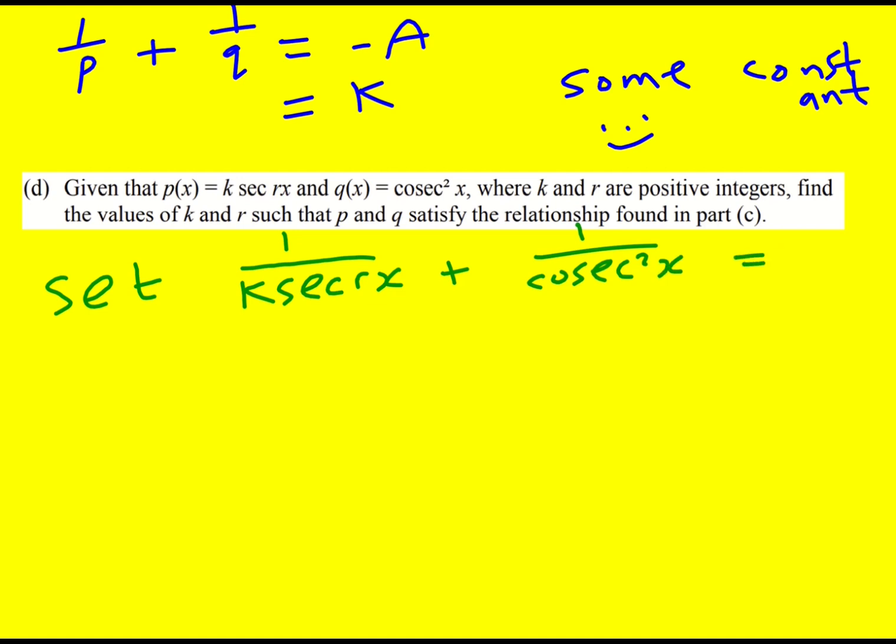Now I'm definitely not going to call it k because I've got a k here now, so let's stick with capital A. That means I want to get rid of these secs and cosecs because I've got reciprocals of reciprocal trig functions, so I can write 1 over k, and then sec rx, 1 over sec rx is simply cos rx, and then this one's going to be sine squared x.